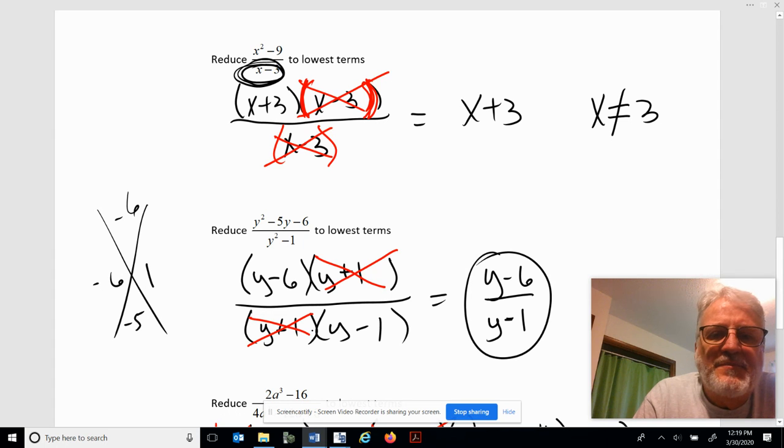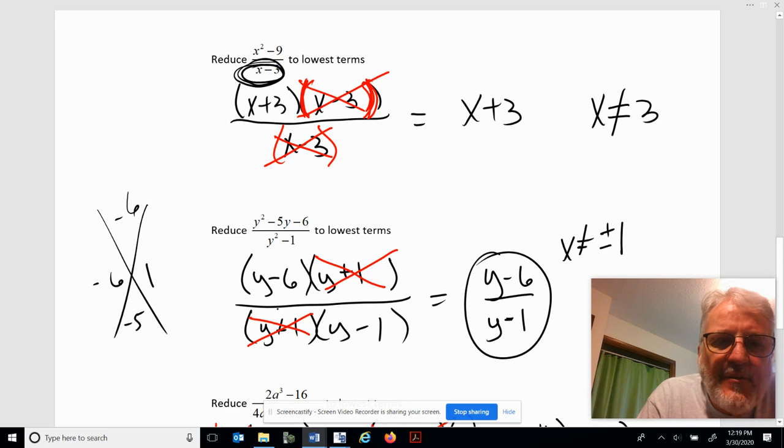In this one, you have to look at the original problem. So x can't be negative 1 and x can't be positive 1.